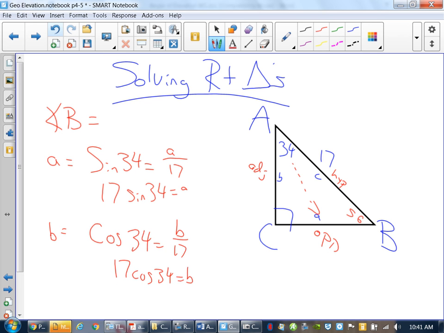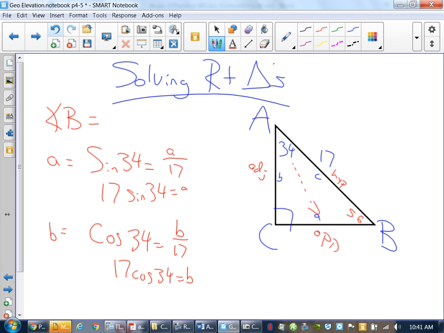And this is the stuff that we're doing. You're picking one spot of something that you're given. I'm given the 34 degrees and I'm given the 17 on the hypotenuse. I'm going to use those two parts to be able to solve everything else out. Because when you think about the parts within SOHCAHTOA, sine is the opposite over hypotenuse.